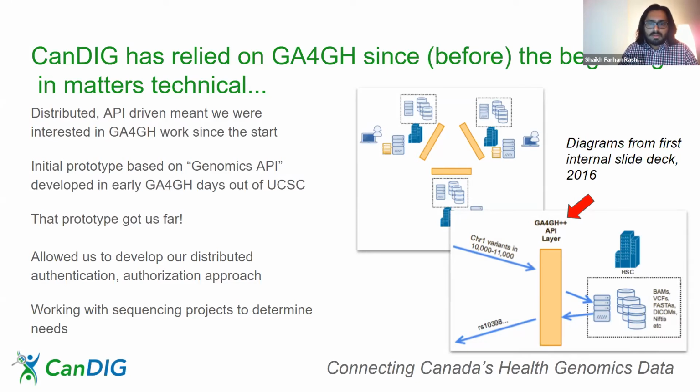The initial prototypes with the GA4GH Genomics API were very successful, and using that helped us to really refine this model of API-driven development and API-based platform to be able to create things like our distributed authentication and authorization approaches.